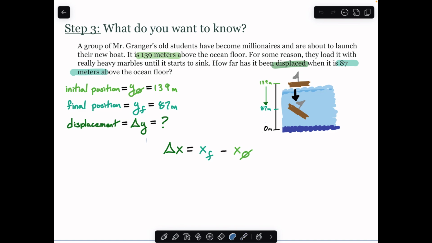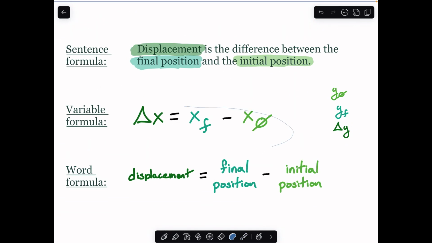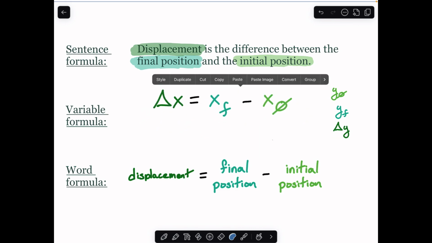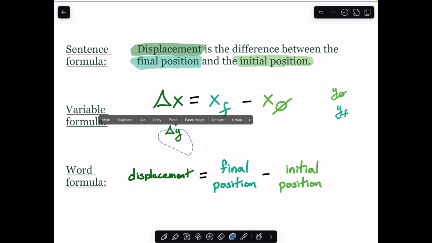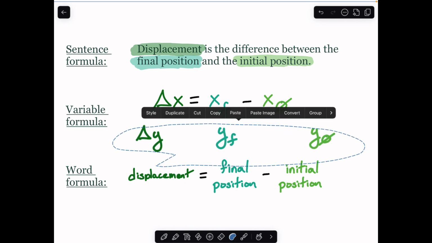So I'm just going to take these variables here, and I will add these. Delta y also means displacement. Y sub f also means final position. Y sub 0 also means initial position.